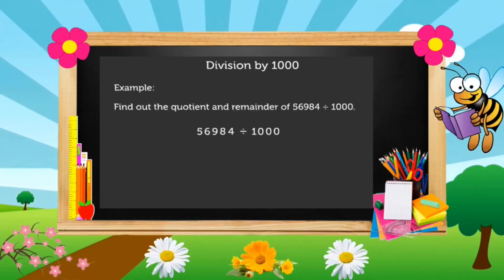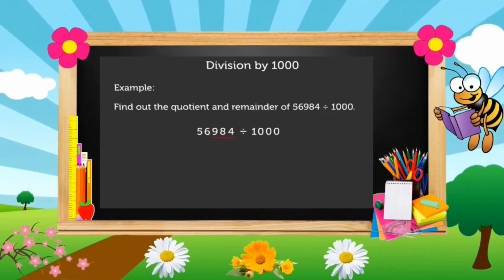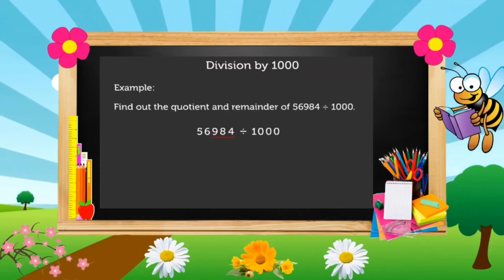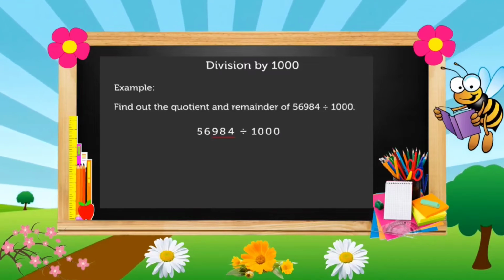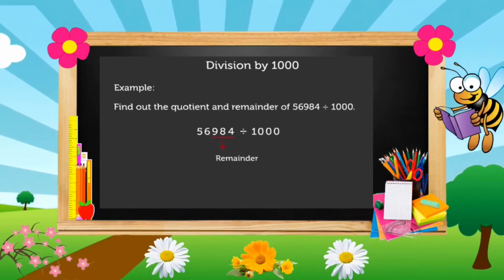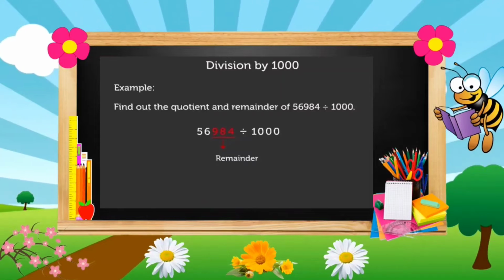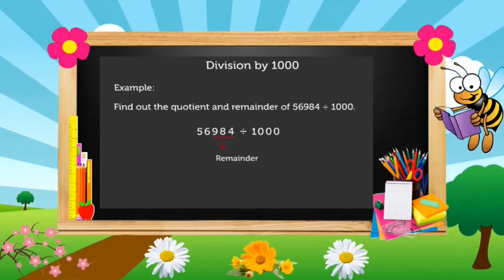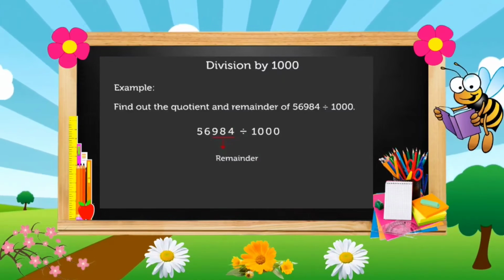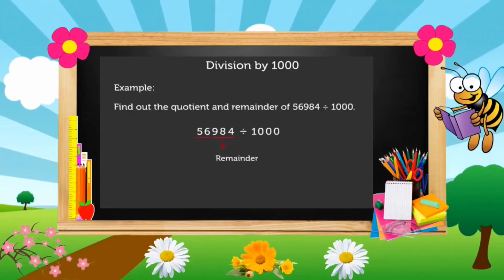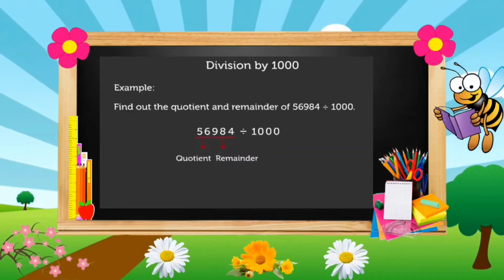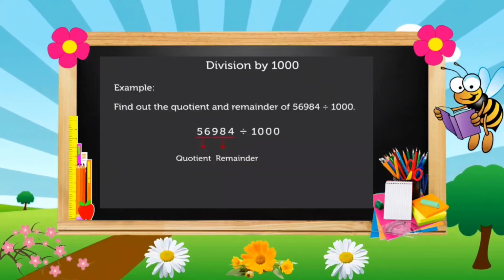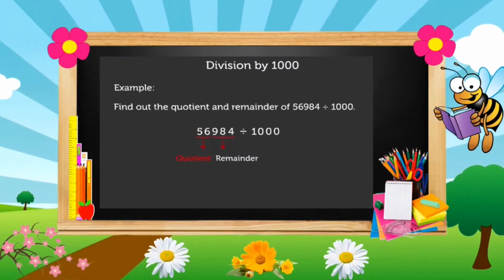We know that the digits in the ones place, the tens place and the hundreds place of the dividend form the remainder. Thus, here 984 is the remainder and the remaining digits form the quotient. Thus, here 56 is the quotient.